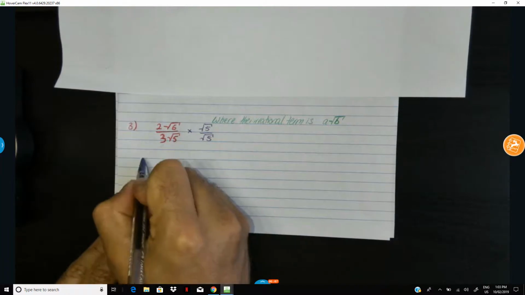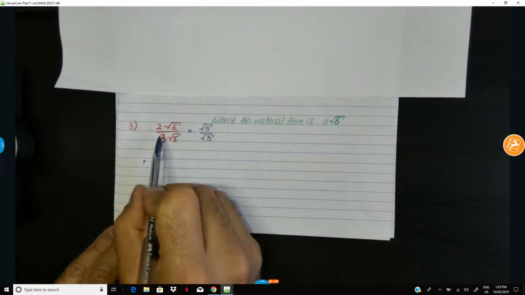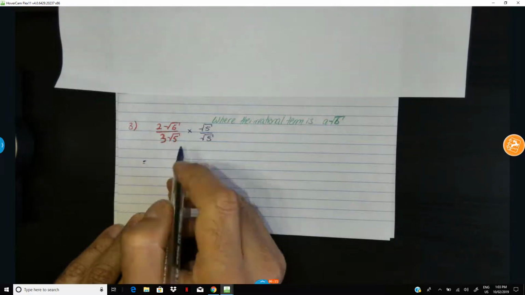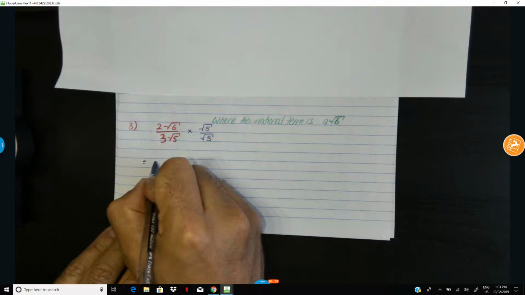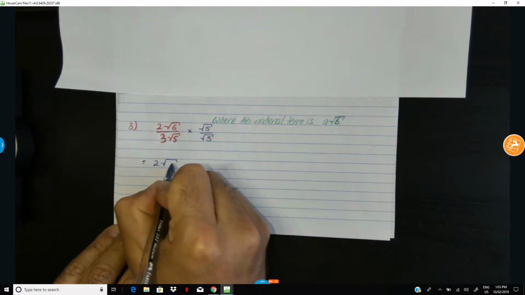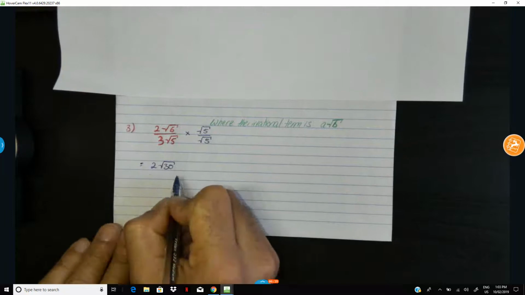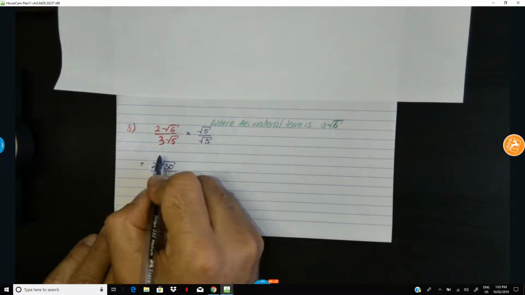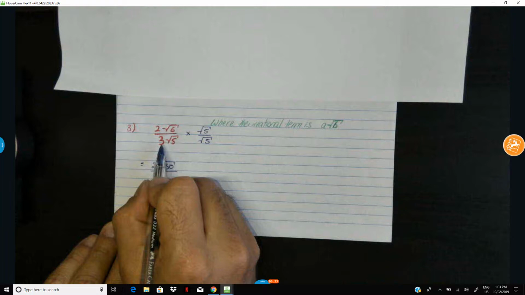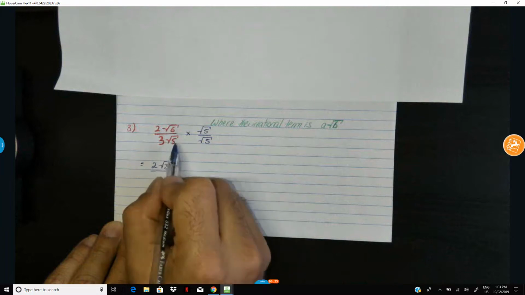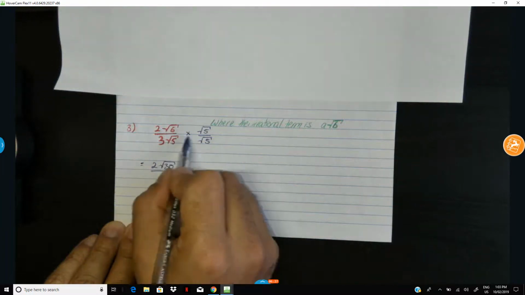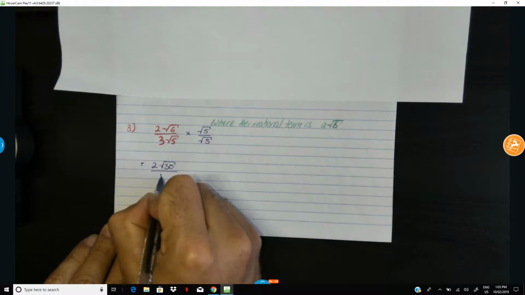So if I did that, 2 times square root 6 times square root 5, so that's going to be 2 square root 30. We can simplify that down later on. And then 3 multiplied by square root 5 times square root 5, so 3 times 5 is 15.